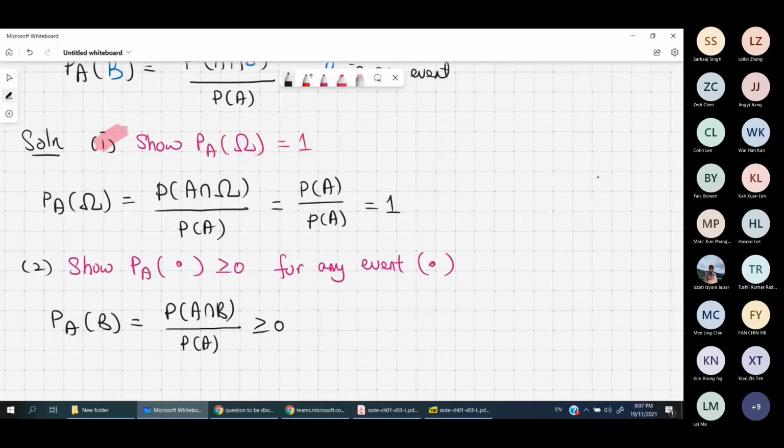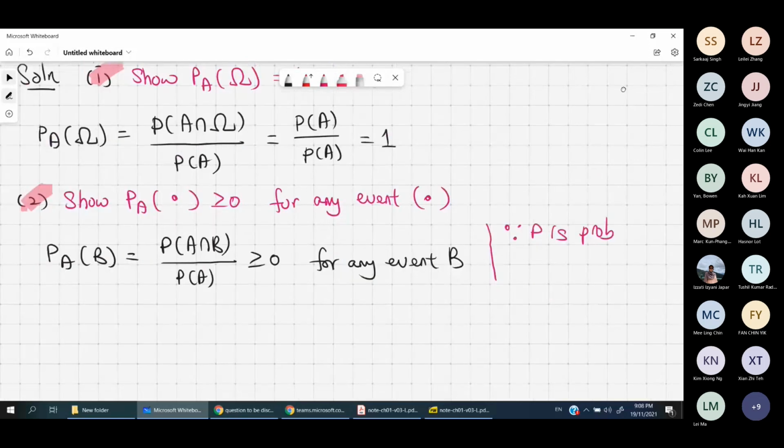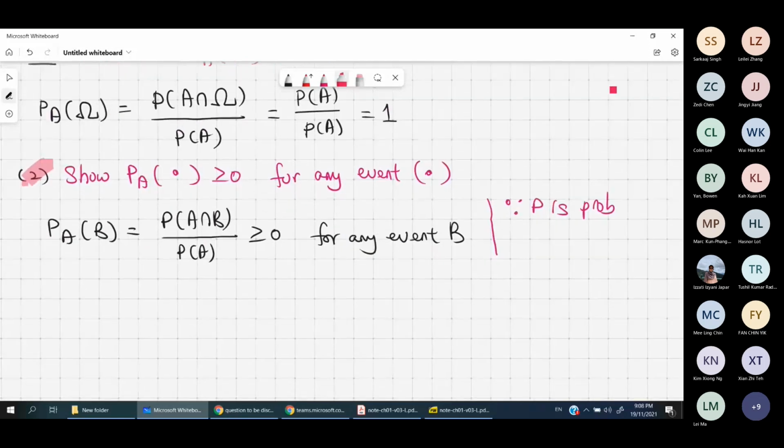The reason is that for any event B this is clear, because P is a probability measure. We can always have this positive. So I think the second one is quite obvious. So done. The only challenging part will be part 3.